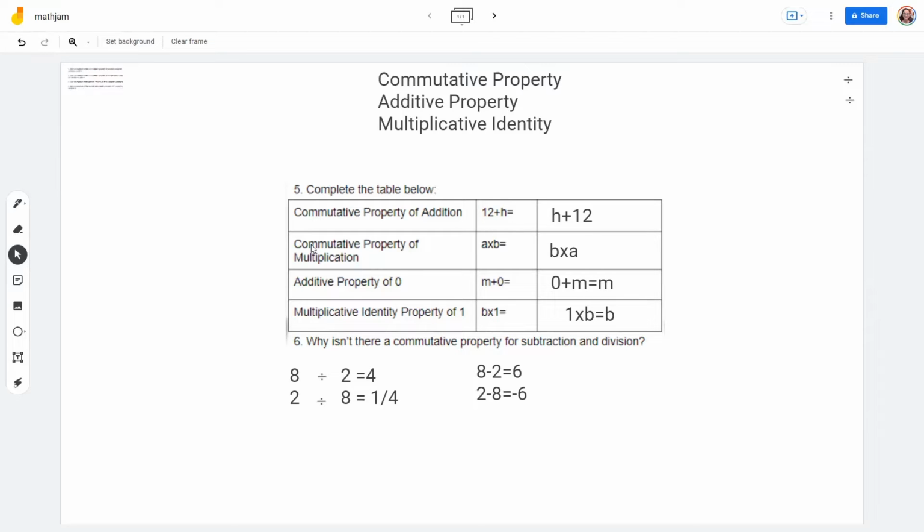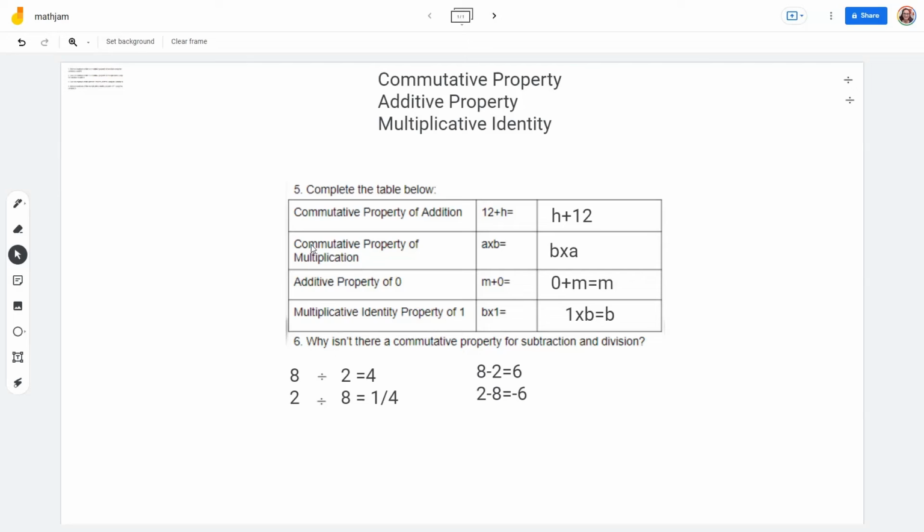The additive property of 0 is when 0 is added to any number, it does not change its value. The multiplicative identity of any number is 1, which means that when we multiply 1 to any number, the answer is still the number we started with.